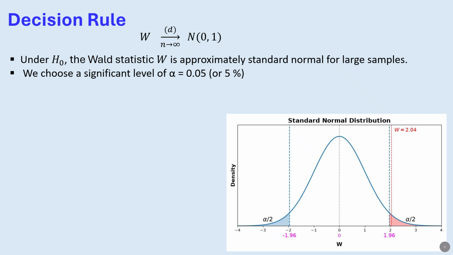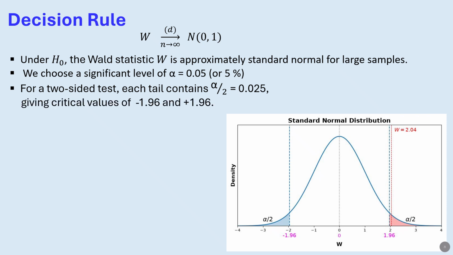Because this is a two-sided test, we divide the significance level equally between the two tails of the standard normal distribution. As a result, each tail contains 2.5% of the total probability. The corresponding critical values are minus 1.96 and plus 1.96. These critical values define the shaded rejection regions in the two tails of the standard normal distribution.